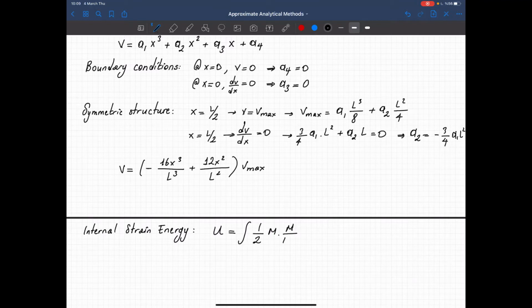Curvature is M/EI, and I have to integrate it over the length of the member.